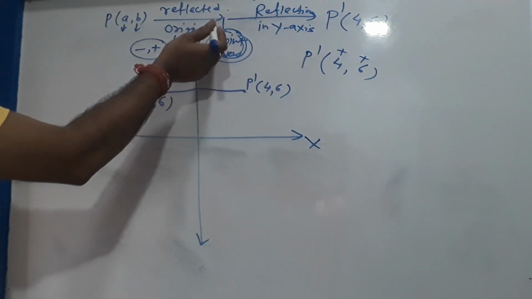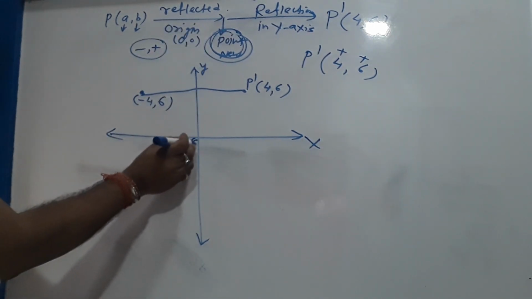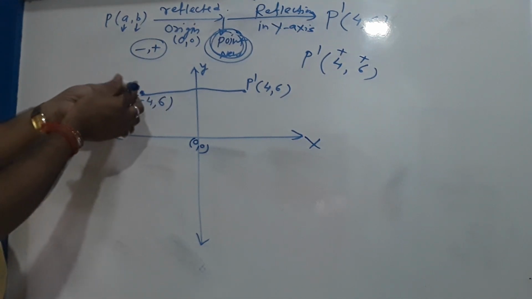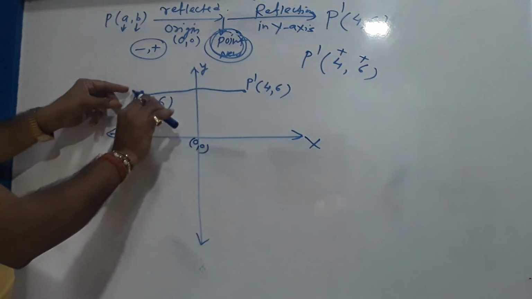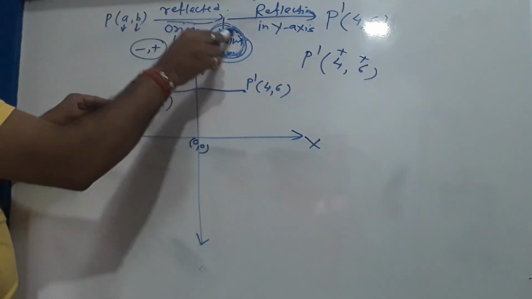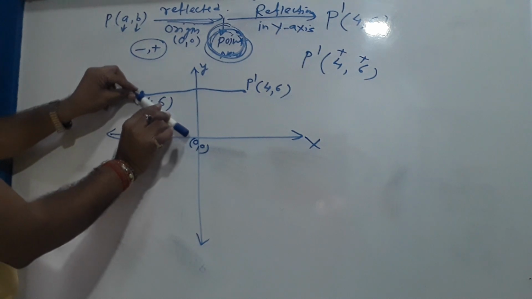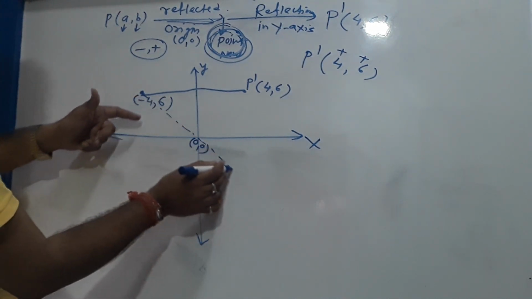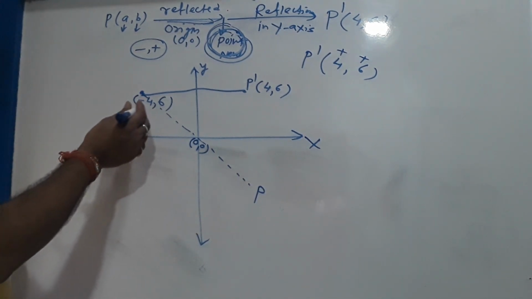Now the new point we have obtained by reflecting in origin. So this is my origin. Now reflect this point in origin. This is the second quadrant, and the second quadrant goes to the fourth quadrant. So this point will go there. So this is my P. What is this point?